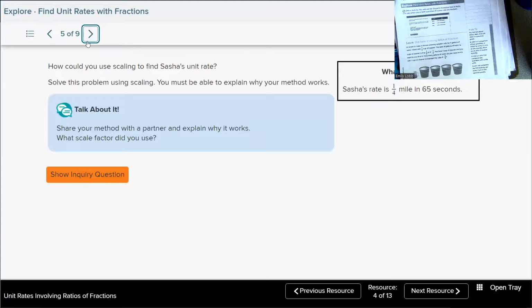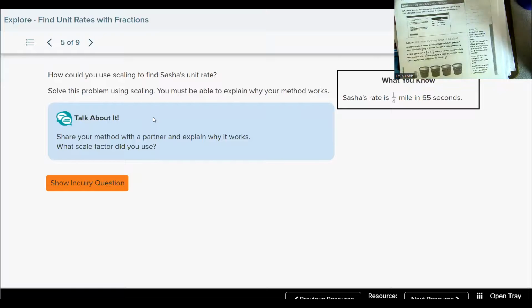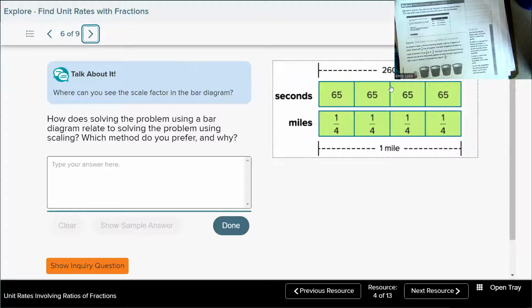Part 5. So how could you use scaling to find Sasha's unit rate? So solve this problem using scaling. You guys know what scale factor is? We might need to walk through that a little bit. So your scale factor is what?